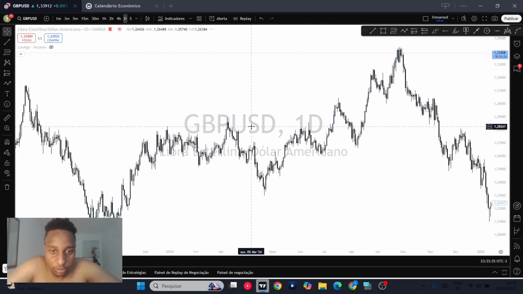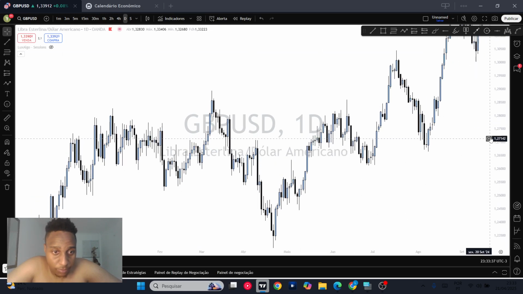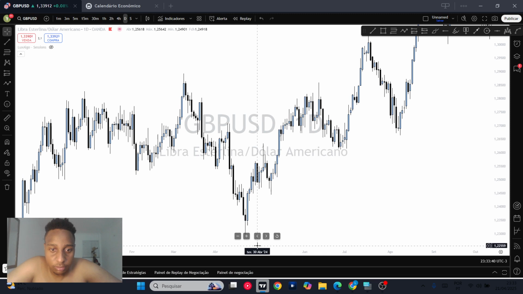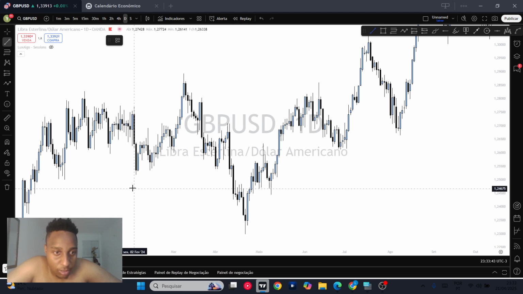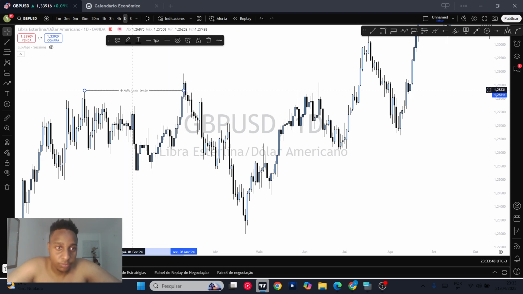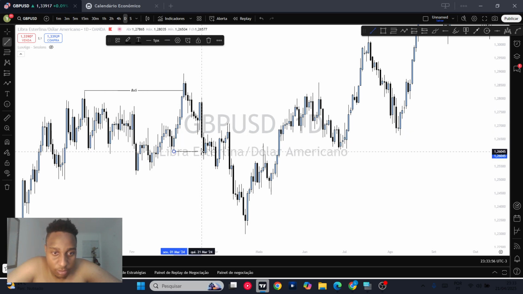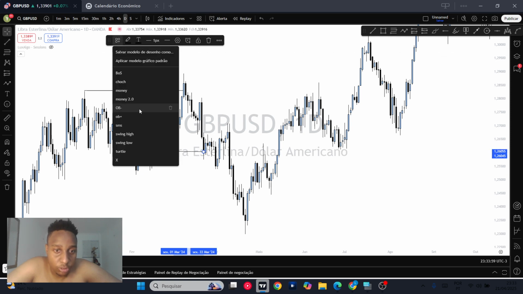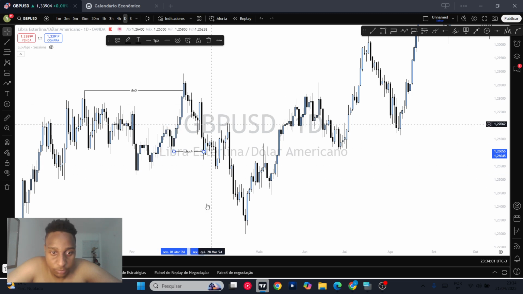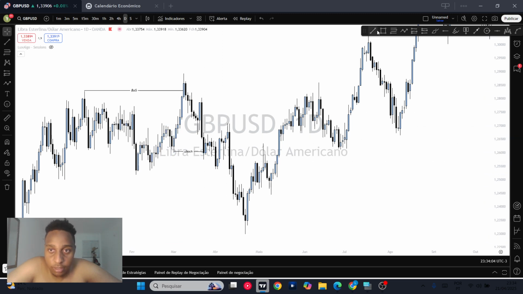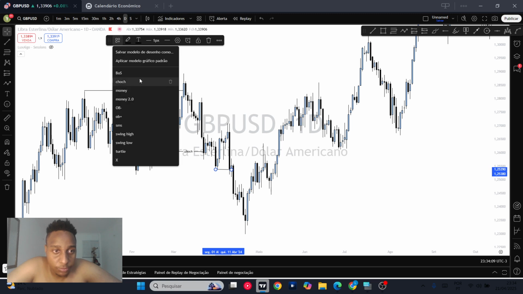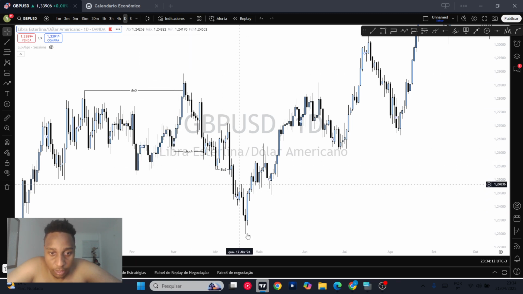So we can track the market now on the daily. We were downtrending here, right? So price was in an uptrend, broke structure here, BOS, and then in this pullback move, price made a CHoCH right here, change of character, and then price melted down, made a break of structure, and then melted down again.